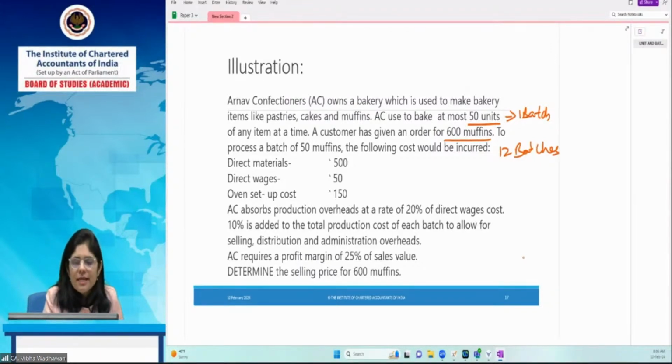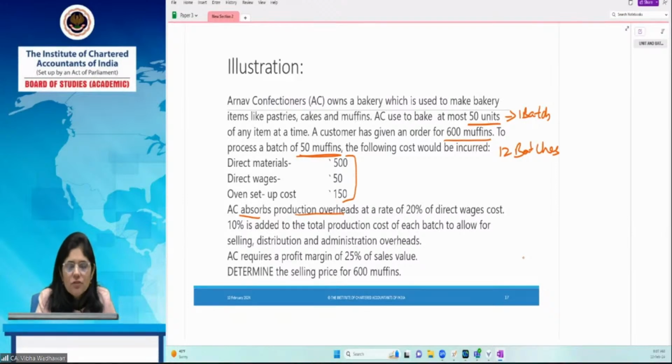And cost is per batch of 50 muffins. Cost is per batch, not per unit, not per muffin. Cost is per batch. Clear? For 50 muffins, the cost is 500. Now they absorb production overhead. So this is the direct cost per batch. Now you always absorb the overheads.